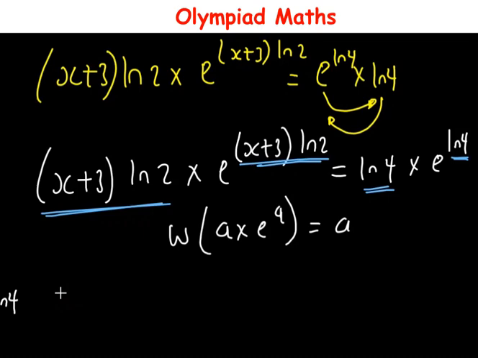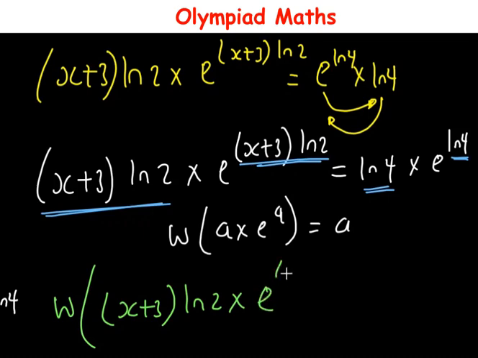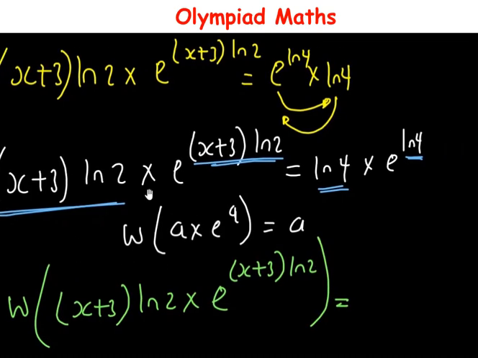So applying the Lambda W function, we have W of ((x + 3) multiplied by ln 2 times e raised to power (x + 3) multiplied by ln 2) is equal to, same thing on the right hand side, W of (ln 4 times e raised to power ln 4).